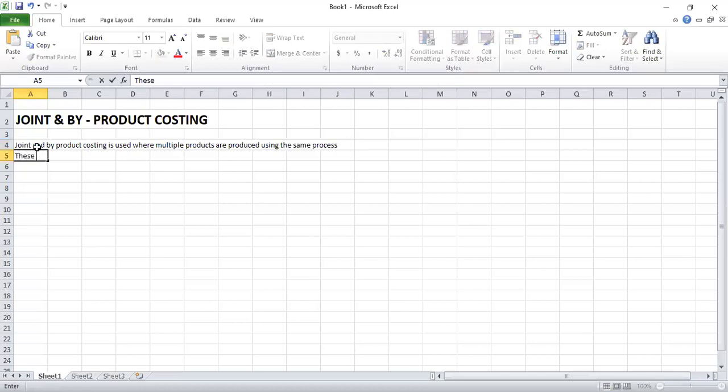These products will not be identifiable until they reach the split off point.